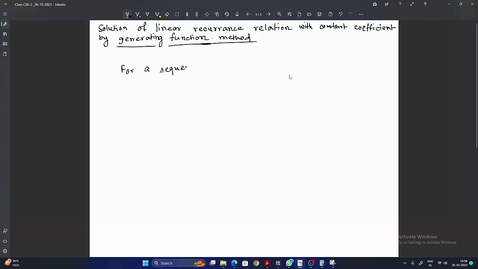So for a sequence, suppose we take a_n, the infinite series: a0 as the first term, plus a1 x, plus a2 x square, plus a3 x cube.